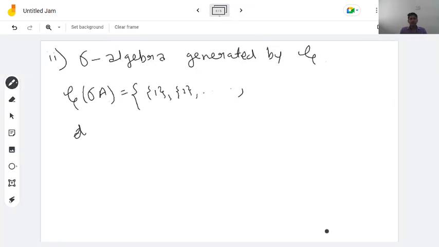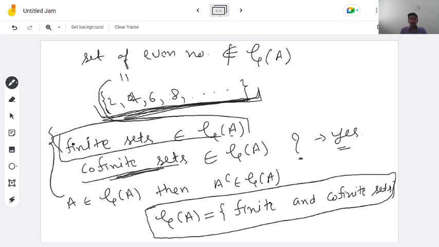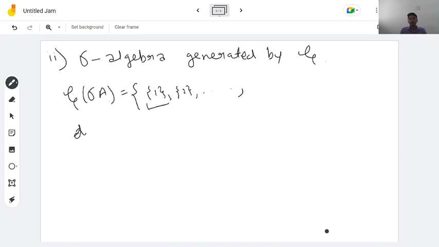So what we have is the sequence 1, 2, 3, 4 and so on. And also what we mentioned previously, that the set of even numbers was not in the algebra generated by C, but here arbitrary union is allowed. Therefore we have the sequence 2, 4, 6, 8, 10, 12, 14 and so on, so their arbitrary union will also be there.